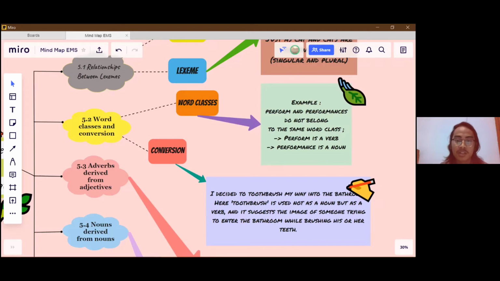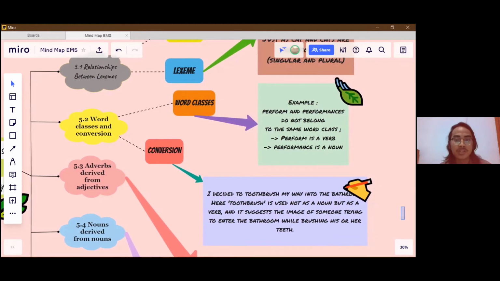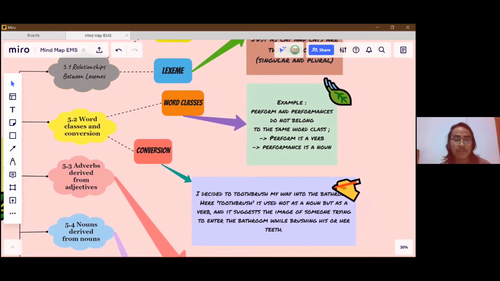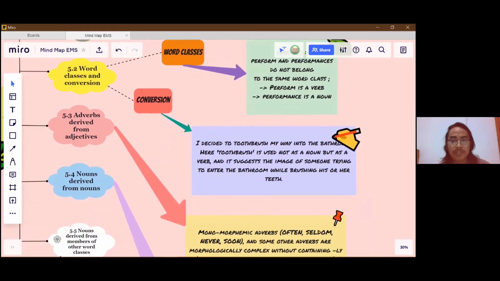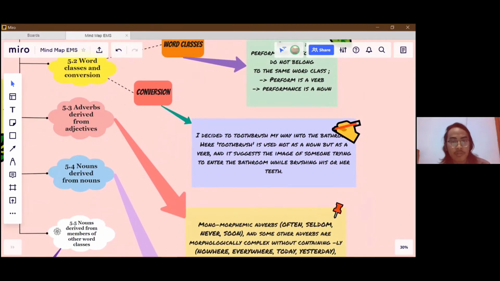And then the second is conversion. Conversion, also called zero derivation, is a kind of word formation that refers to the creation of a new word class without changing its form.